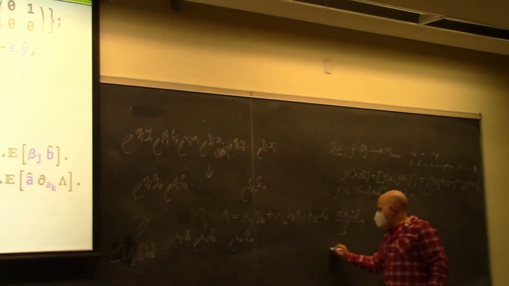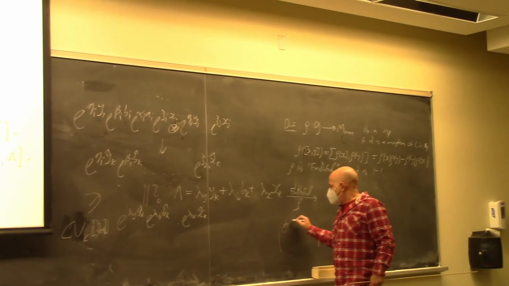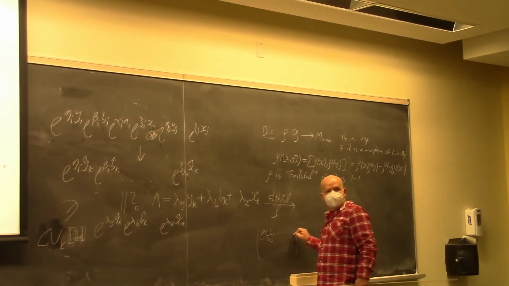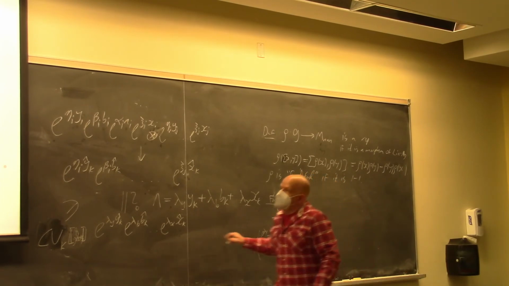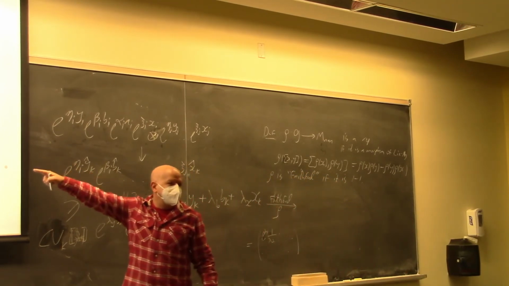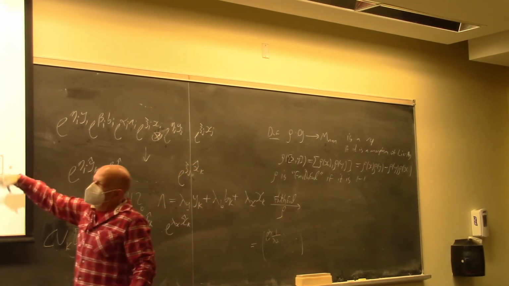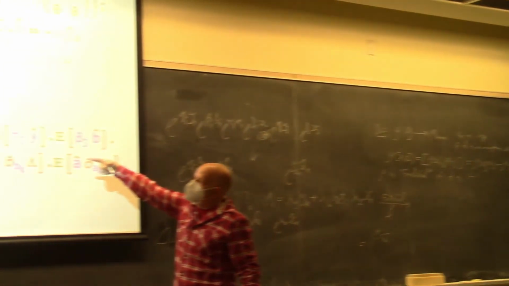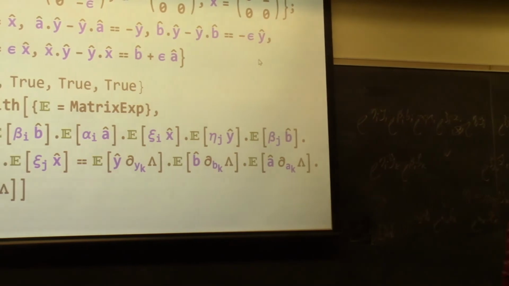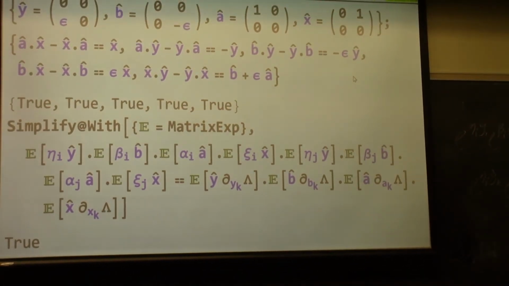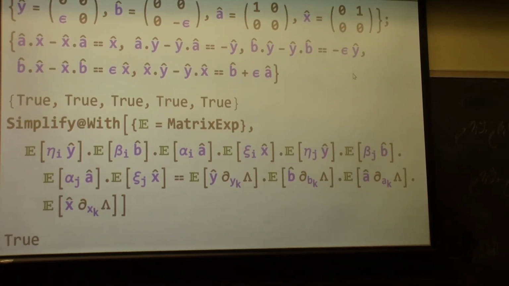So e to the lambda 1 divided by lambda 2, I don't know, functions of the lambdas. And the result on the left-hand side is some matrix of functions of the Greek letters, so alpha I e to the beta j, something.